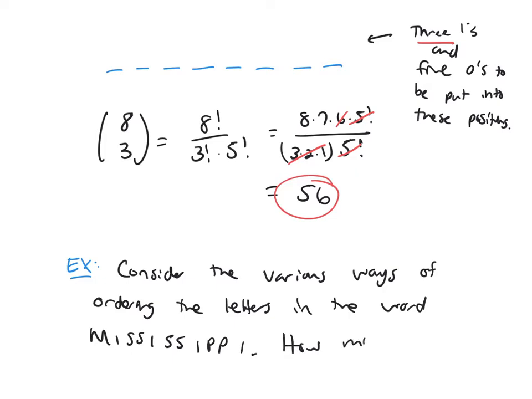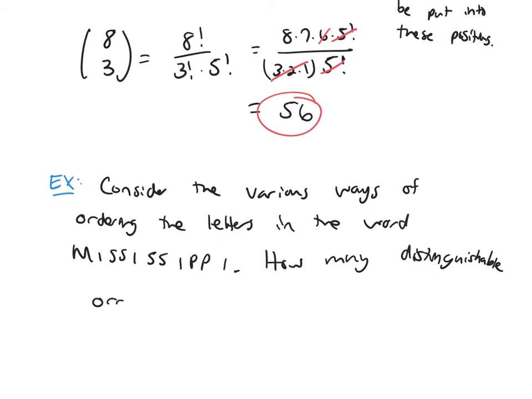How many distinguishable orderings are there? So if you think about it, the hard part is the letters I, you can't distinguish them from each other. So this isn't just a straight permutation problem because I have objects that are indistinguishable from each other.